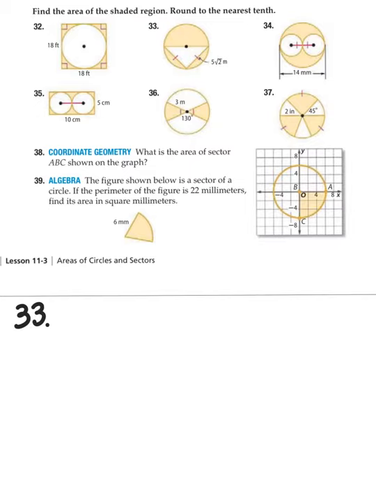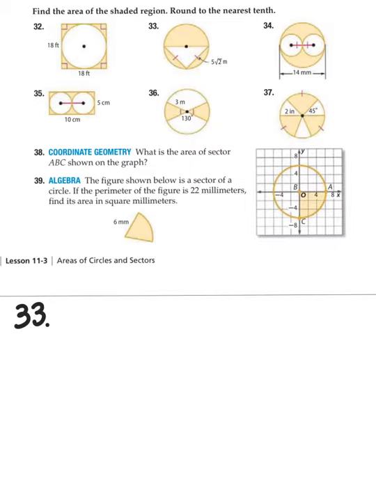All right, I really don't know what my radius is by looking, but it's going to be easy to figure out, because if you look at number 33, you'll see that you've got a right triangle, since you've got an inscribed angle in a semicircle. And my two legs are the same, so I have a 45, 45, 90 triangle.